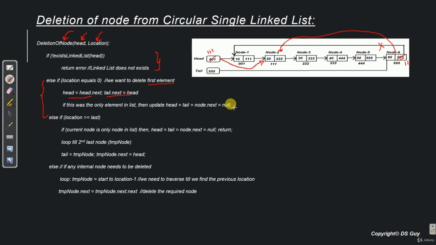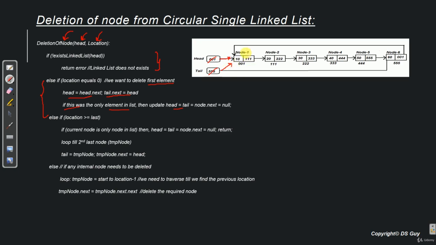So this is how we can delete the first node. Now there is a corner case: if this was the only element in the list, then we have to do something different. We have to make head and tel null so that the links between head and node 1, and tel and node 1, get destroyed.